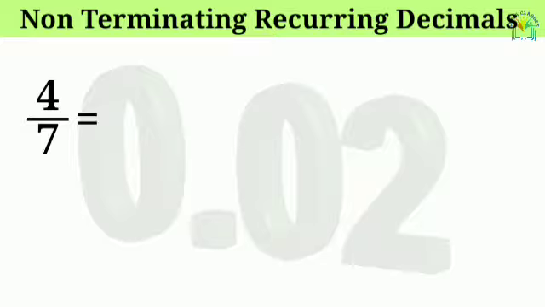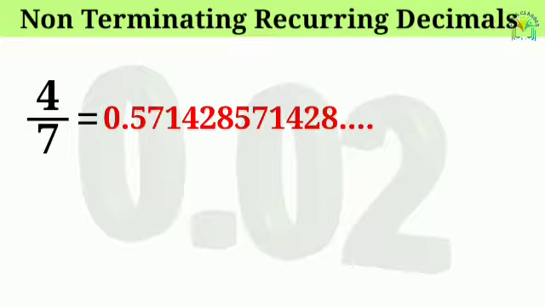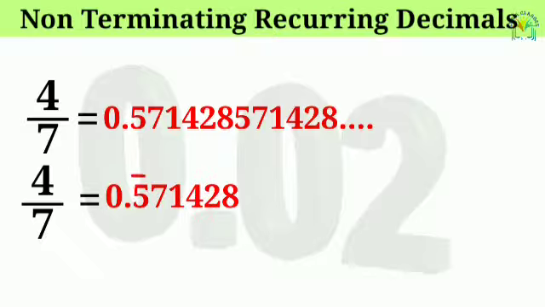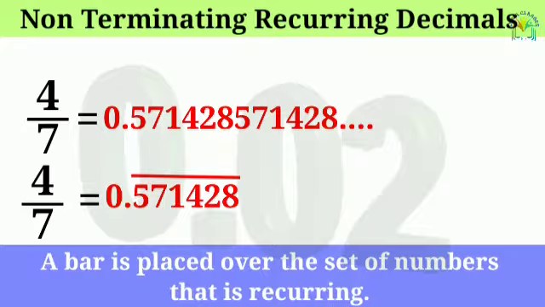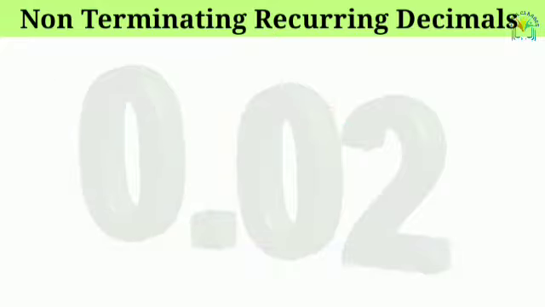In the given decimal, the set of numbers 571428 is repeated endlessly. A bar is placed over the set of numbers that is repeated to show that it is a recurring decimal.